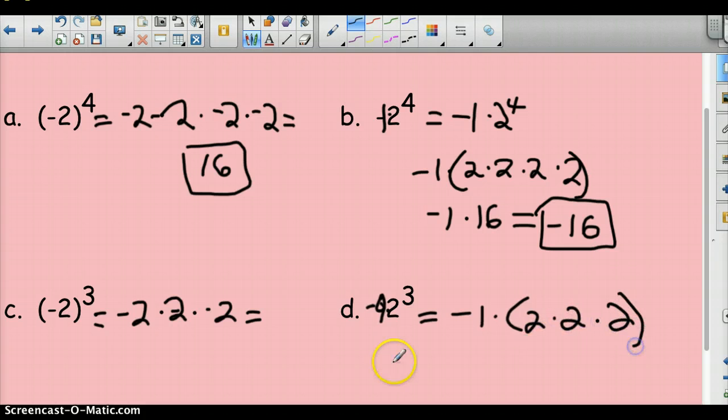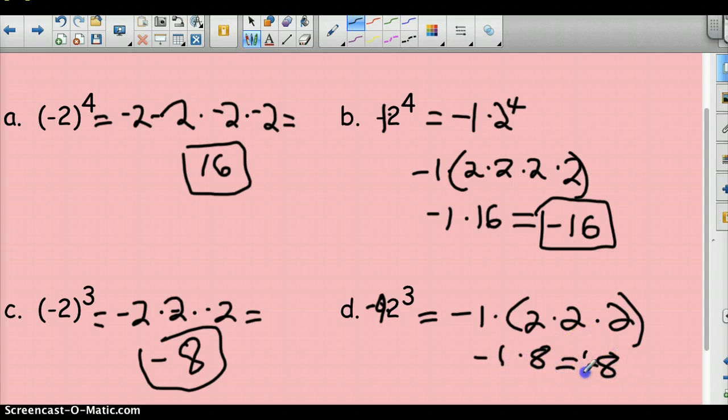That's the difference here. Looking at the first one, a -2 times a -2 is a +4, times another -2 is a -8. And on the other one, -1 times 2 times 2 times 2, 2 times 2 is 4, times 2 is 8. And that makes this -1 times 8, which also ends up being -8. But the parentheses are still very important in the sequence here.